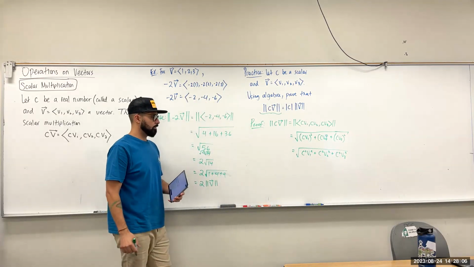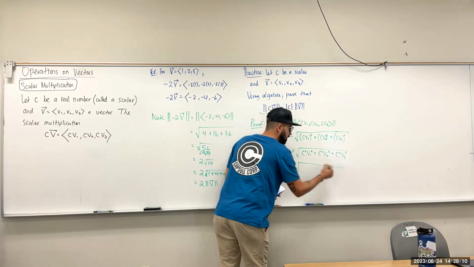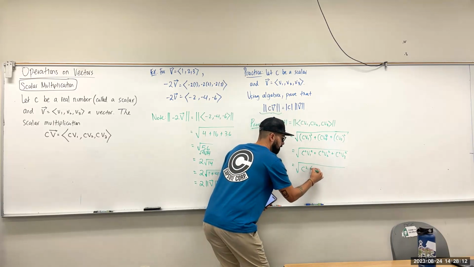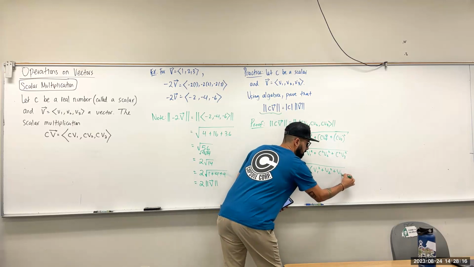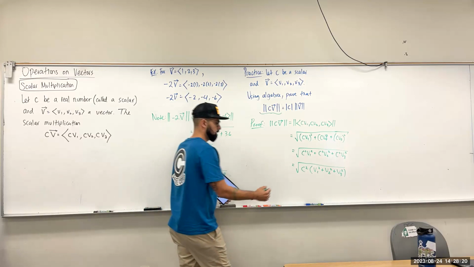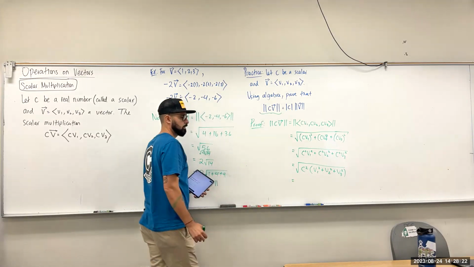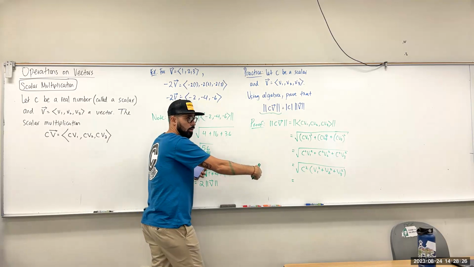And then from there, what did you guys do? You factored out the C. I'm still going to leave it inside though. I factored out the C like that. And then you square rooted the product, right?